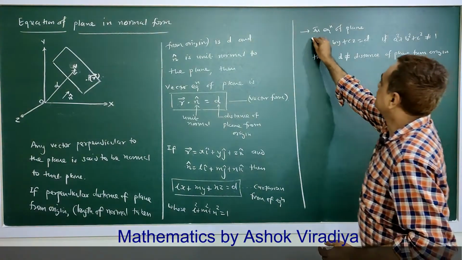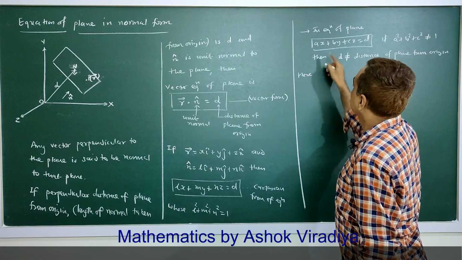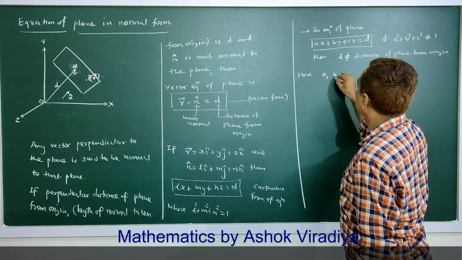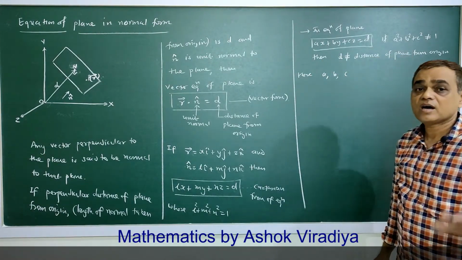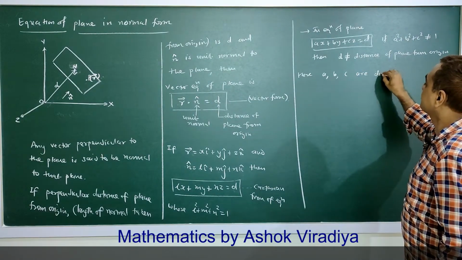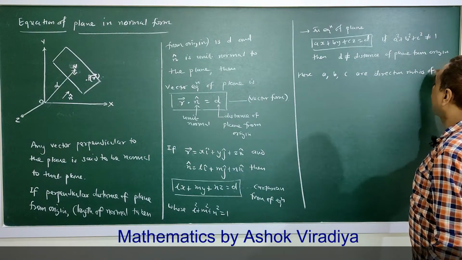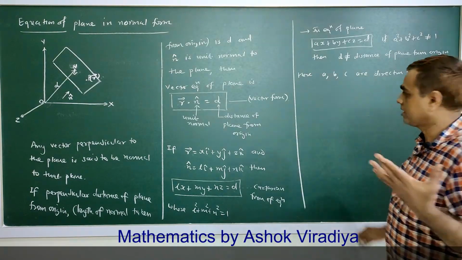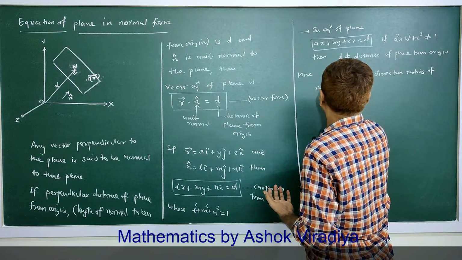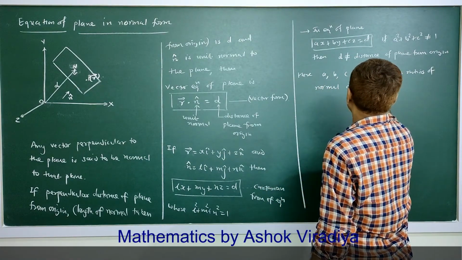So in this equation, a, b, c are direction ratios of the normal ON to the plane.